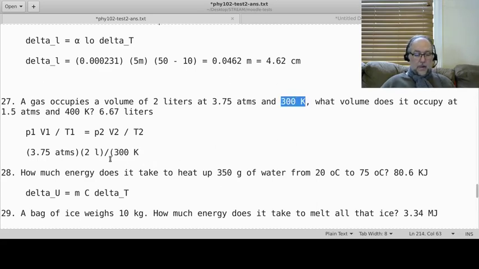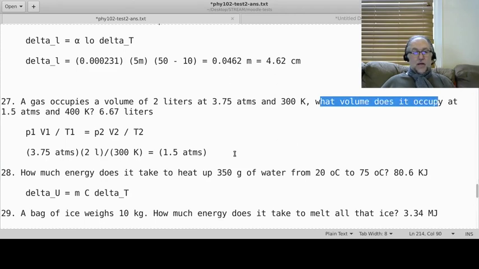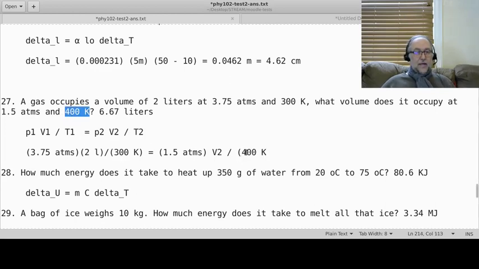All right. And that gives you the left-hand side. On the right-hand side, I tell you that the new pressure is going to be 1.5 atmospheres. I want you to calculate the volume. I say, what volume does it occupy? So I want you to figure out V2. And the new temperature is going to be 400 Kelvin.